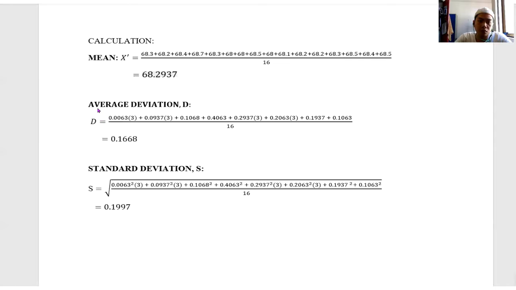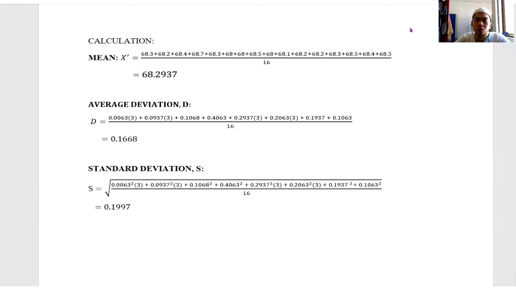From the mean, we can also get the average deviation, which is 0.1668. And after that, we also can get the standard deviation by square root it, which is the answer is 0.1997. So that's all for sample 3.